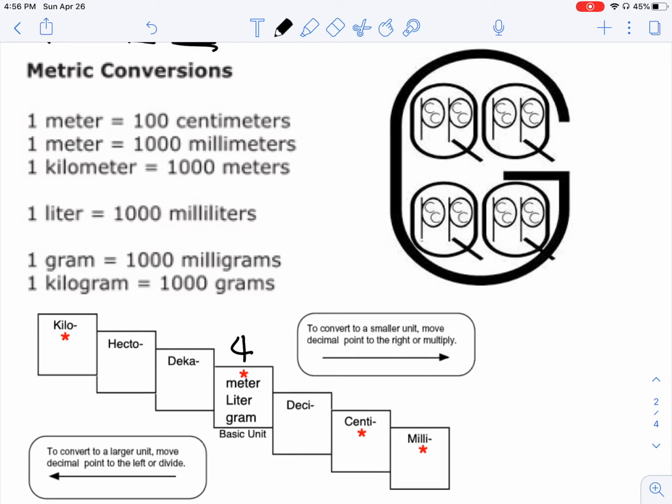So milliliters is down at the bottom. 1, 2, 3 places to the right. So 4 with a decimal point. We move that decimal point 3 places to the right. 1, 2, 3. So that is 4,000 milliliters.